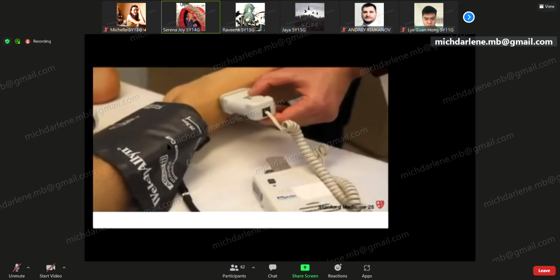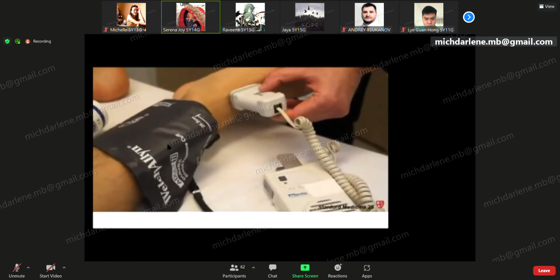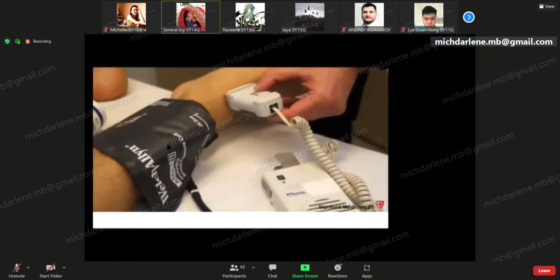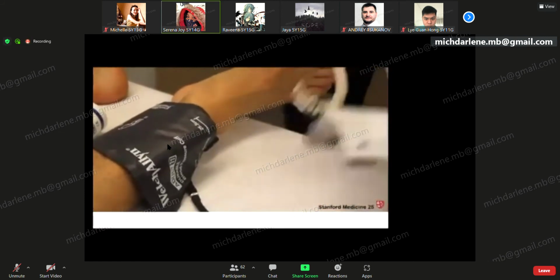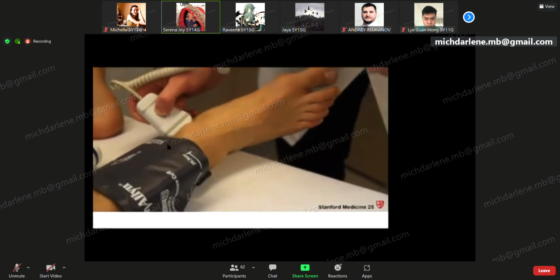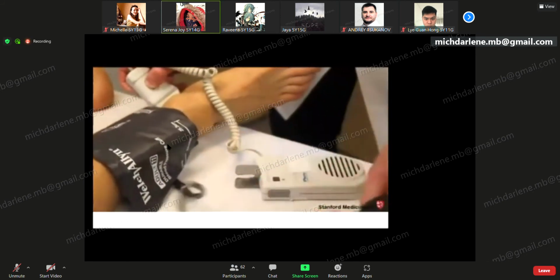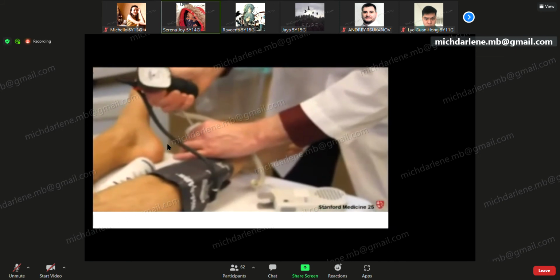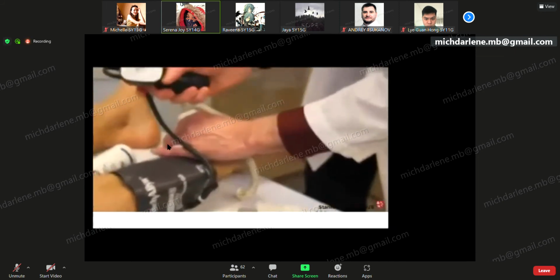That's a very nice pulse waveform, strong, biphasic, and that's normal in an adult. And let's just take a listen over the posterior tibial. Nice pulse waveform there. Now, let's check the pedal pressure. Okay, I've blown the cuff up and I'm slowly releasing it.